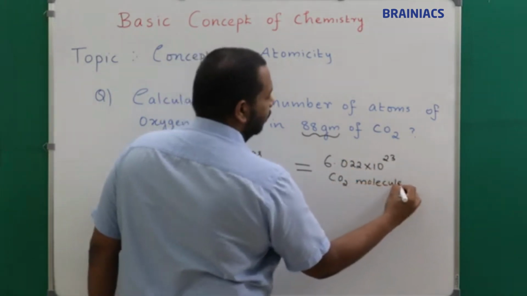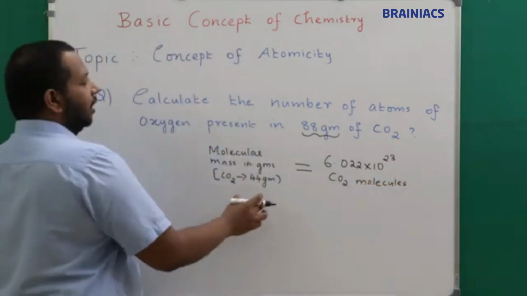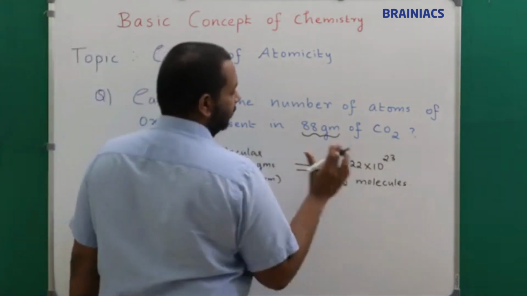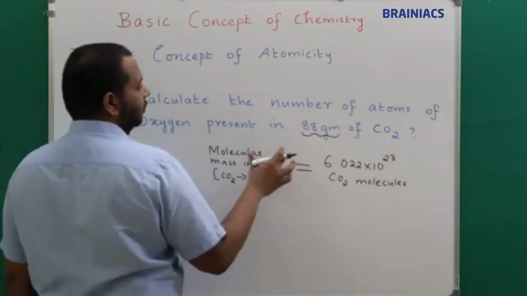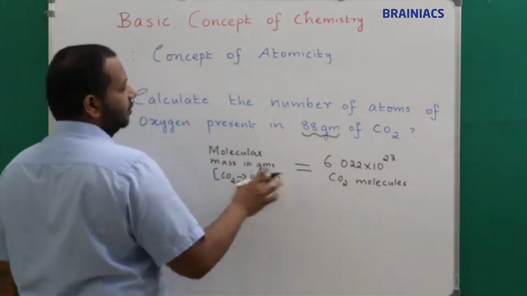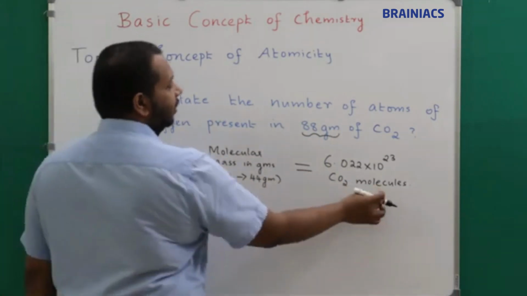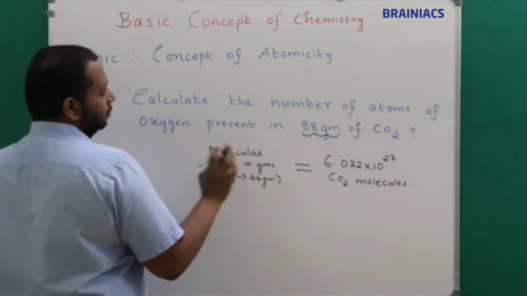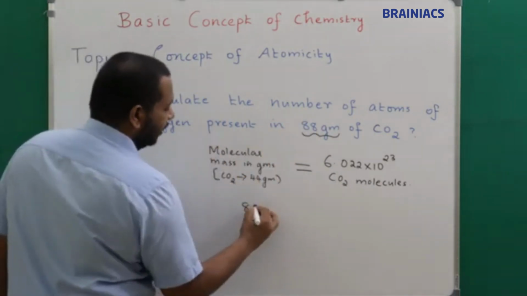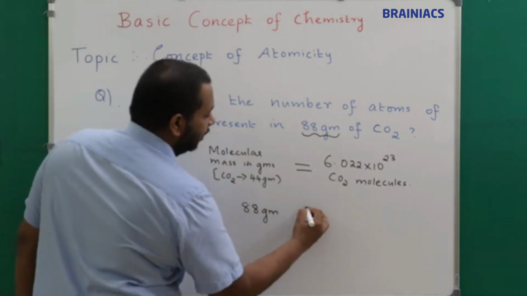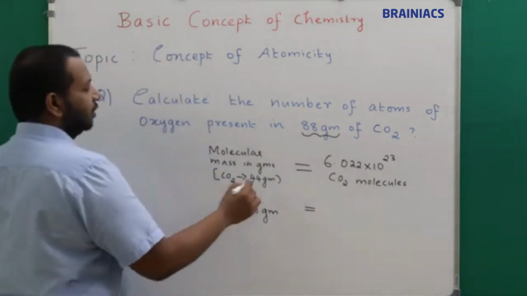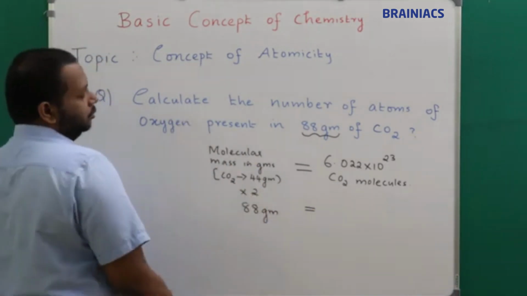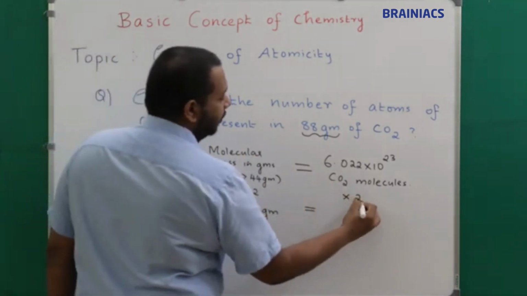Hope you remember. Why did I use this formula? Because I want to calculate the number of molecules, and what is given here is the mass. So from this I will find the number of molecules of carbon dioxide. 44 gram we know, and 88 gram is given here. I need to know in 88 gram how many CO2 molecules there are. To convert 44 to 88 you multiply by 2, so here also you multiply by 2.